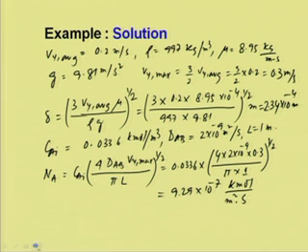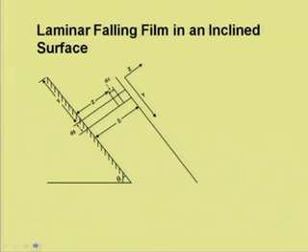Now, let us consider another situation where the laminar film is falling down an inclined surface. So, the depth of the liquid film is delta, the width of the film is W and the angle is theta.